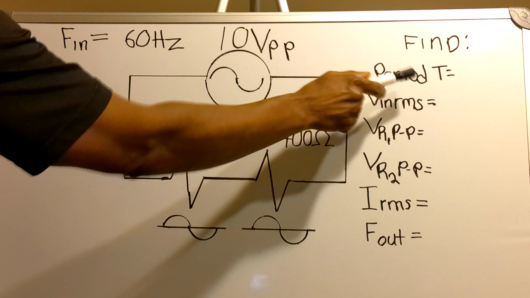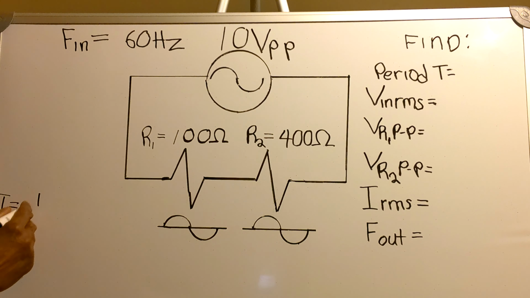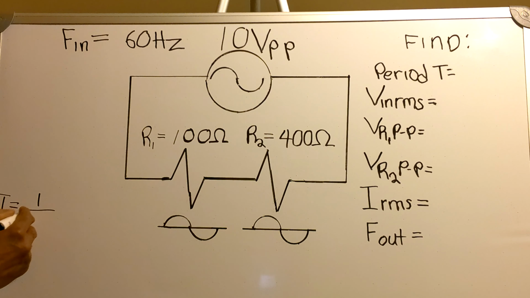So now let's find the period. The period T equals 1 over 60 hertz.